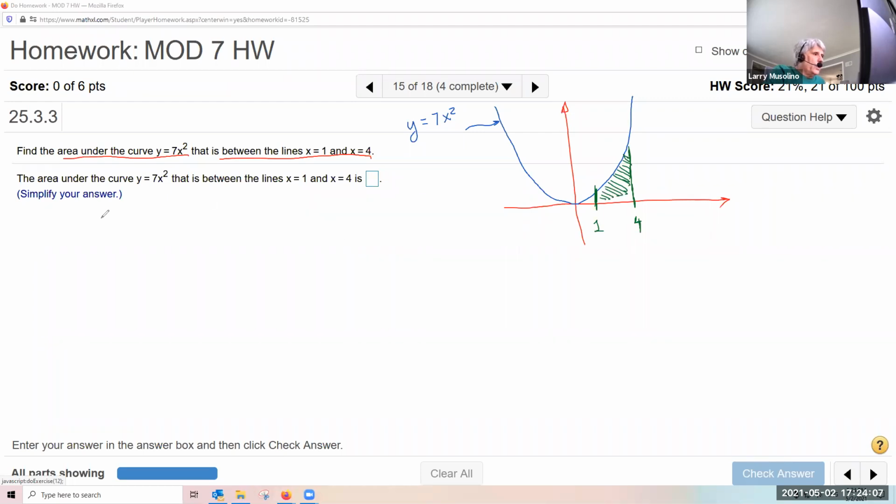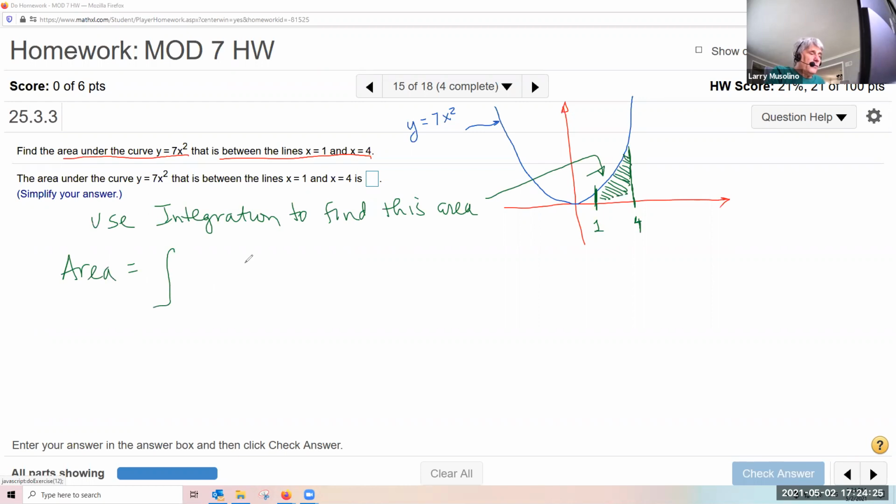Well, it turns out we can use integration to find this exact area. So if I want to find this green area, here's the way I do it. I write the area is the integral of the function they gave me, which is 7x squared dx. But then I've also got to specify what is the lower bound and what is the upper bound.